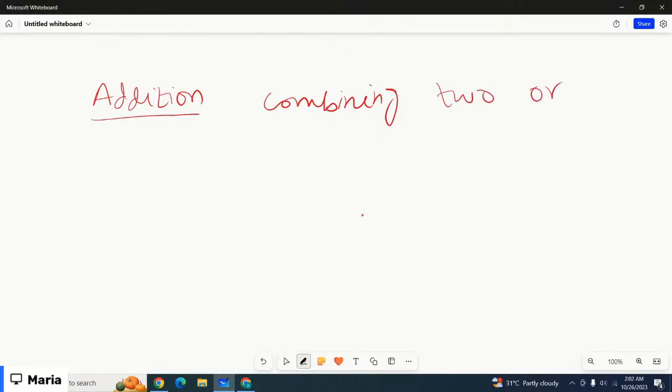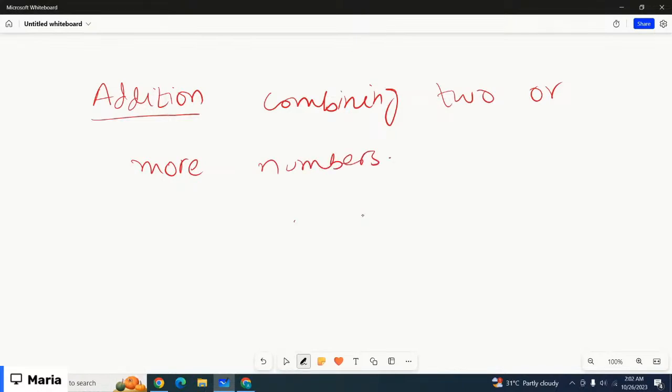That is just a quick review. Adding means combining two or more numbers, that is addition, right?